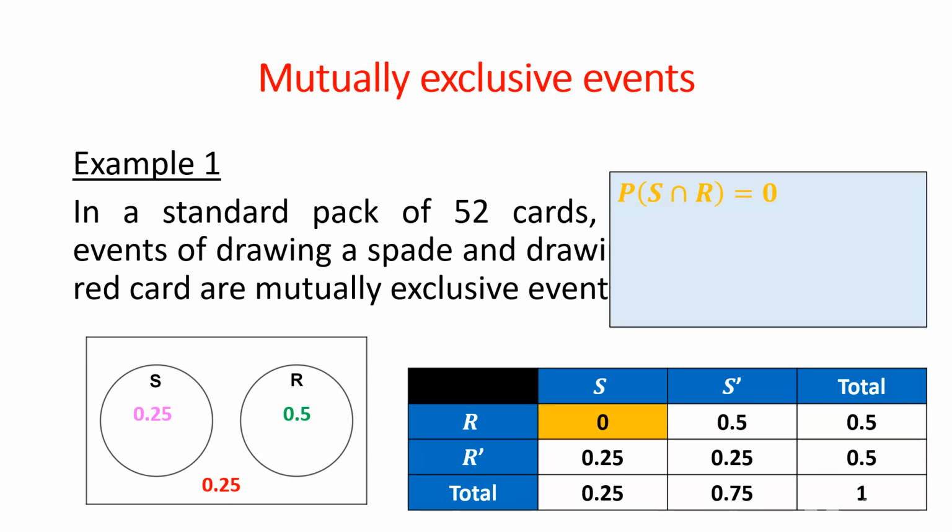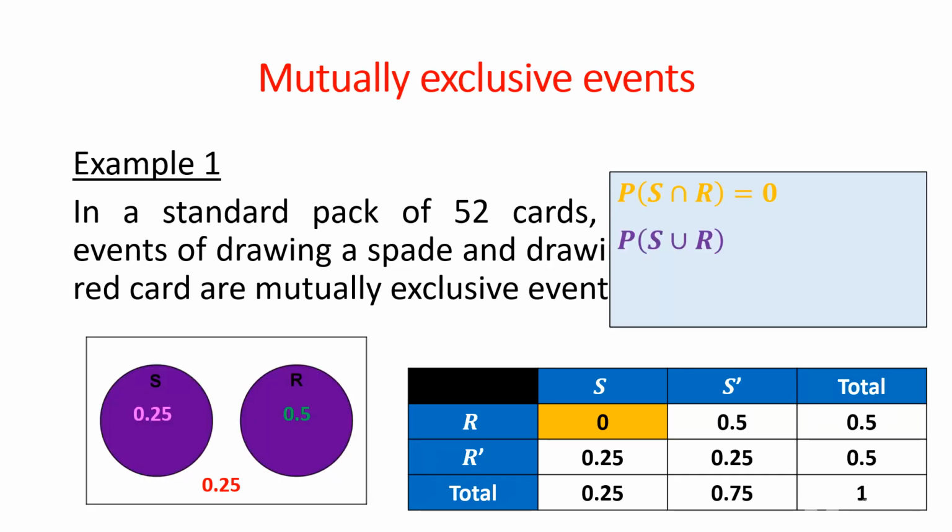Okay, let's work out a couple of key things before we finish up. The probability of a spade intersect red card is 0. So this can't happen. There's no intersection. But the probability of getting a spade union red card, or we could say spade or red card, is just worked out by the probability of spade plus the probability of red card.